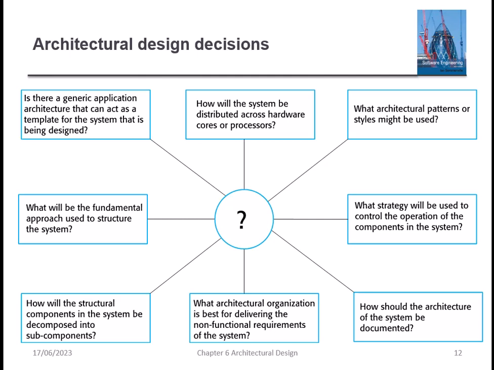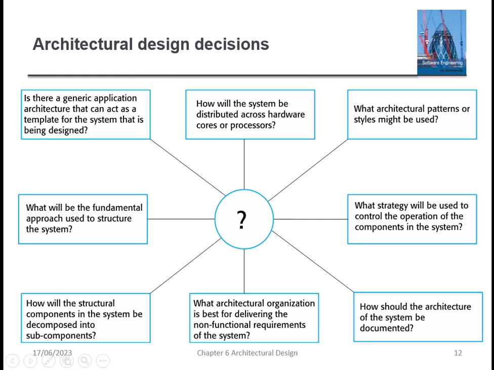How will the system be distributed across the hardware cores or processors, or we can say the hardware systems? What architecture pattern or style may be used? So there are a lot of patterns available, and later we will discuss which patterns should be used in which condition.